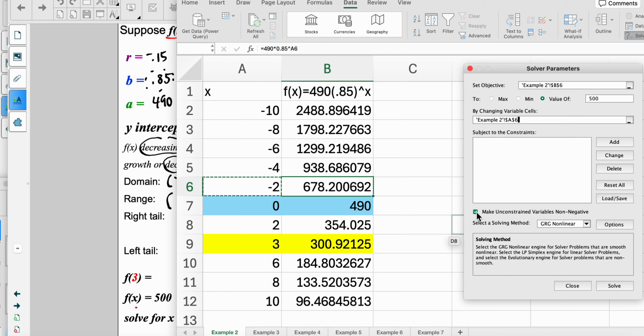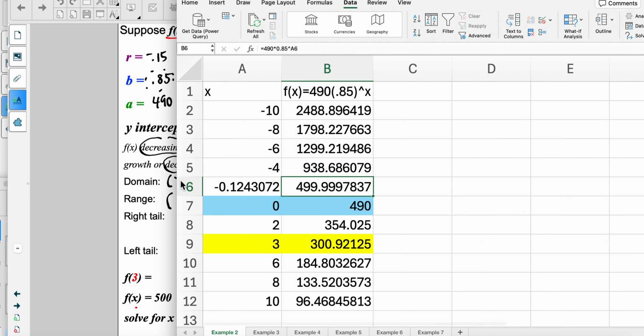I need to unclick this box. Notice that my inputs are negative here. If I don't unclick it, it's not going to be able to give me an answer because it would force the result value to be a positive number, which it will not be in this case.